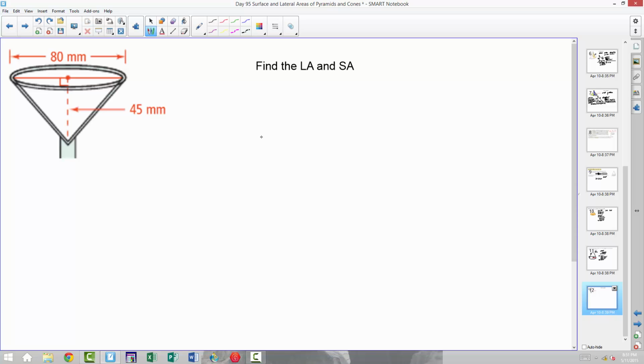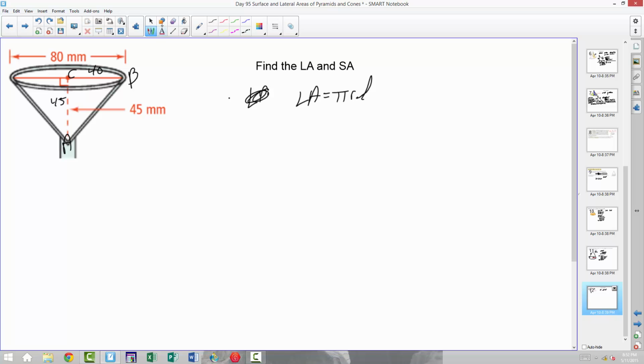So let's do this lateral and surface area. So my lateral area is pi r L. Okay, notice that I don't have my slant, so I'm going to label my triangle A, B, C. This is 40, this is 45.